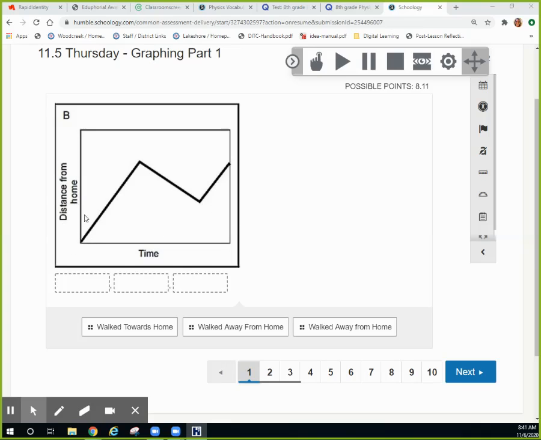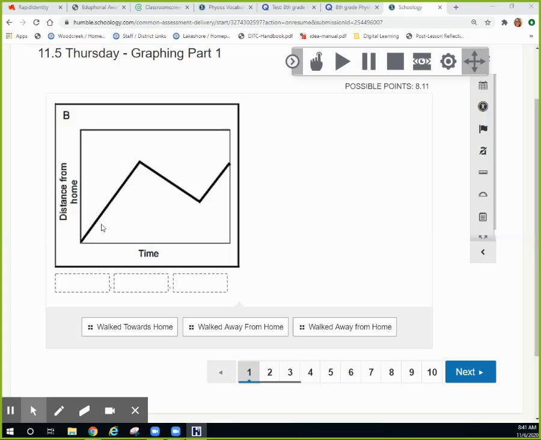So in this graph, distance is increasing away from home, and then this looks like it's going down. So the distance is starting to decrease, okay? Going back toward home. Home is y equals 0. Home is this line. Home is 0, okay? They change direction here and they start walking away.